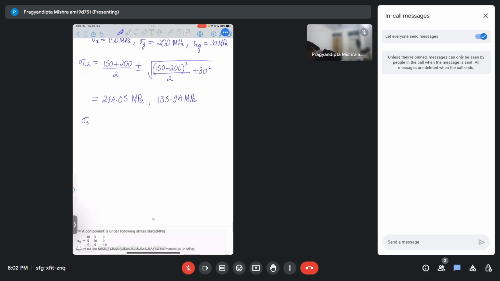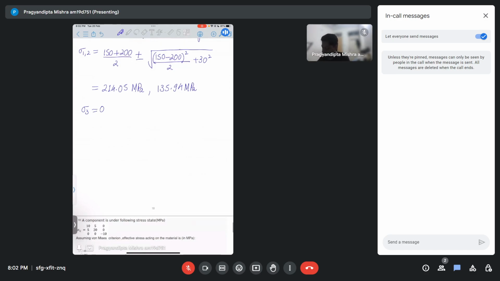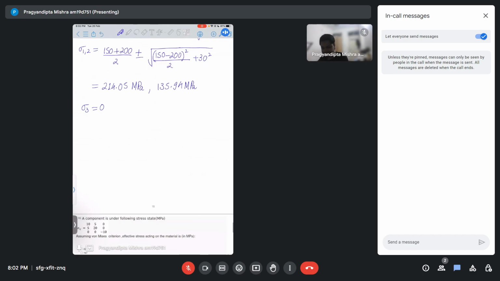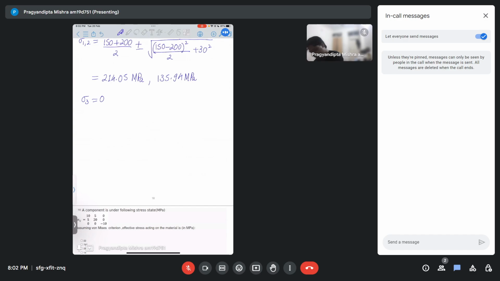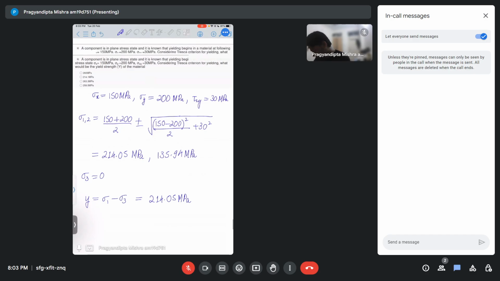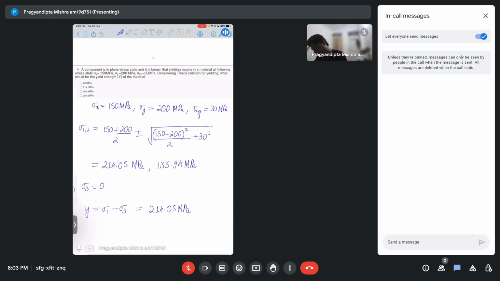Of course, sigma 3 is equal to 0. So the largest and smallest values will be 214.05 and 0. So according to the Tresca criteria, we will have yield strength Y equal to sigma 1 minus sigma 3. So that is equal to 214.05. Right? So the closest value that we get is this one.